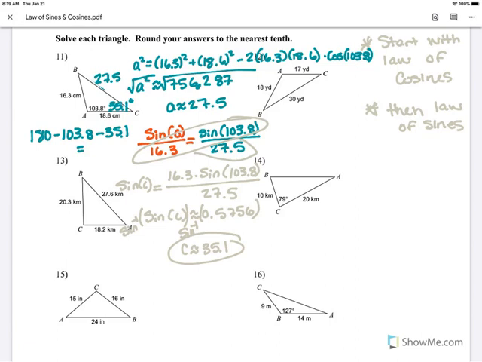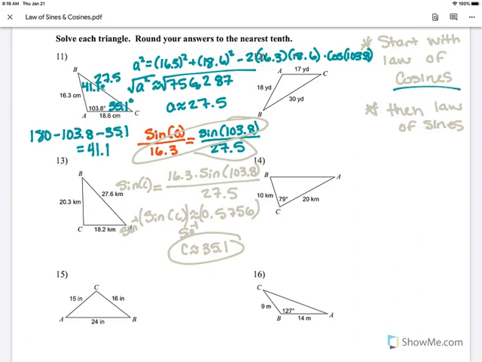Actually, I didn't do that. Yeah, 41.1, I think. So you should get 41.1 degrees. The reason we can do that is because of triangle angle sum theorem, right? They have to add to 180 degrees.